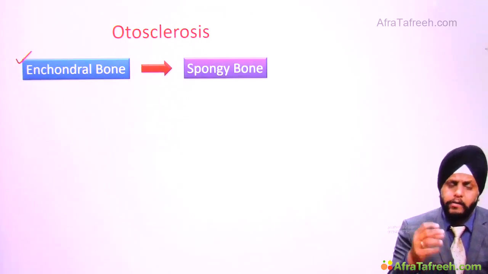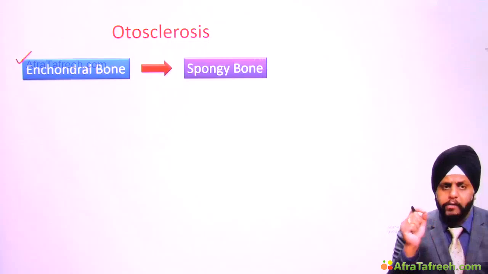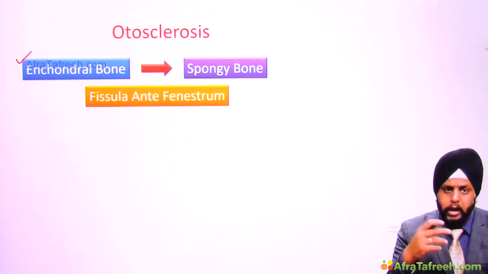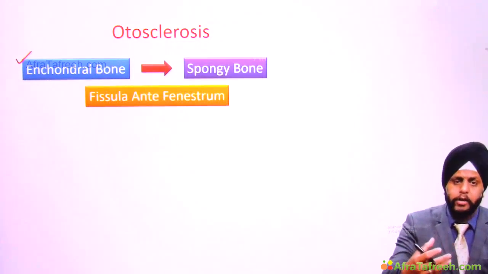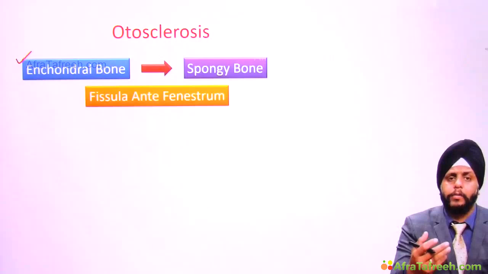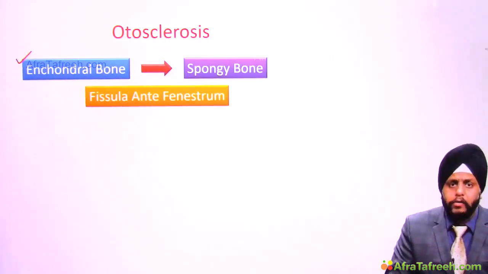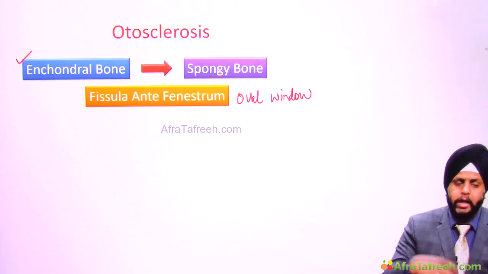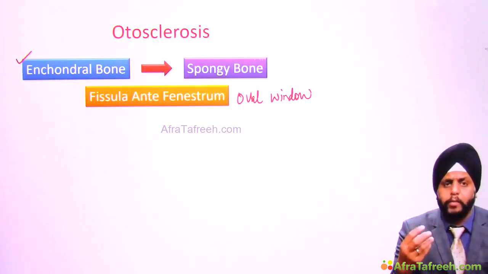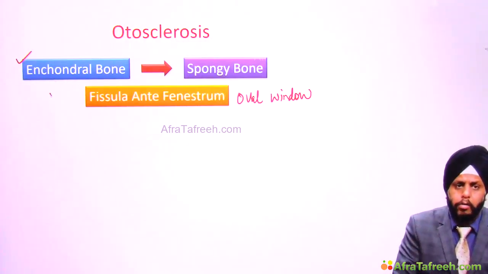This change takes place at a place which is known as fissula ante fenestram. Ante means anterior to fenestra vestibuli, so this place is just anterior to the oval window. That is the most common site for otosclerosis, right?